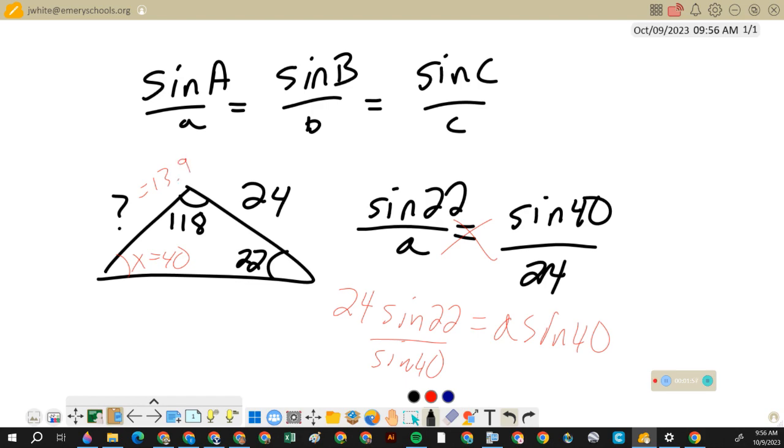Does 13.9 seem reasonable? Yes, because 22 is smaller than 40, right? This lines up with that, and this lines up with that, and 22 is smaller than 40, so 13.9 should be smaller than 24. Sure, round however they say. All right.